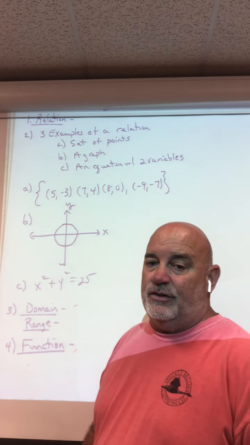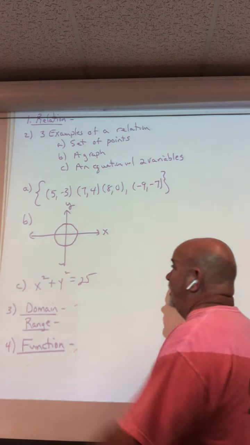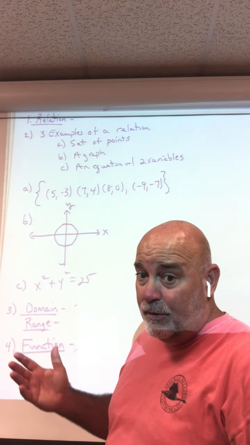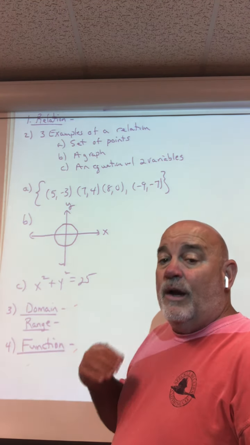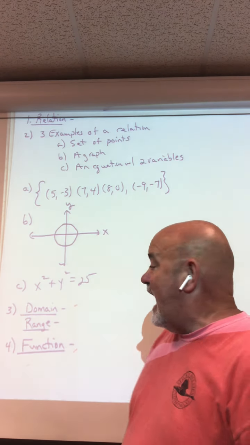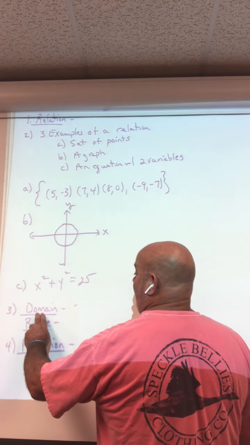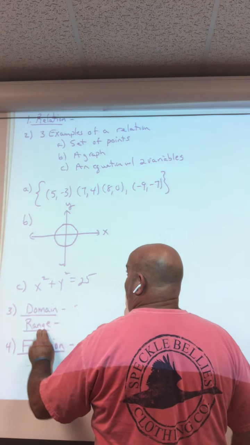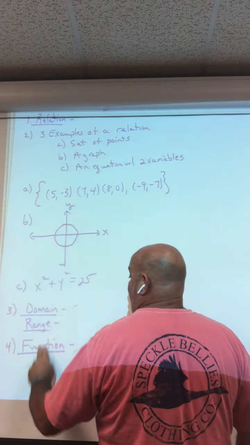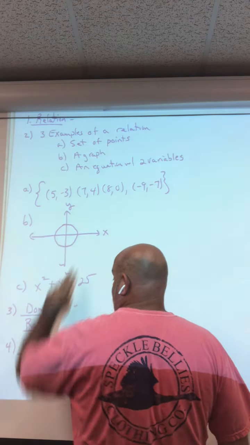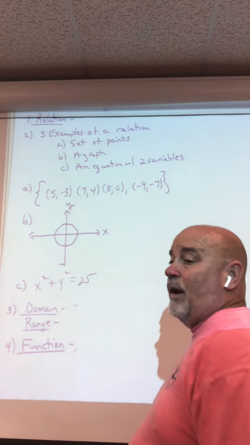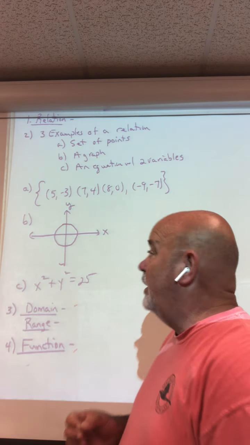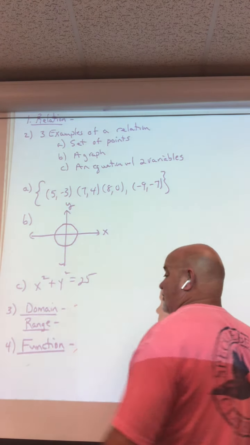Those are the three questions. Now, which of these three are relations? All three. So here's what I'm about to teach you: how to get the domain of all three of these, the range of all three of these, and how to determine if any of these three are functions. But I'm not going to do it all at once. We're first going to start out with ordered pairs.